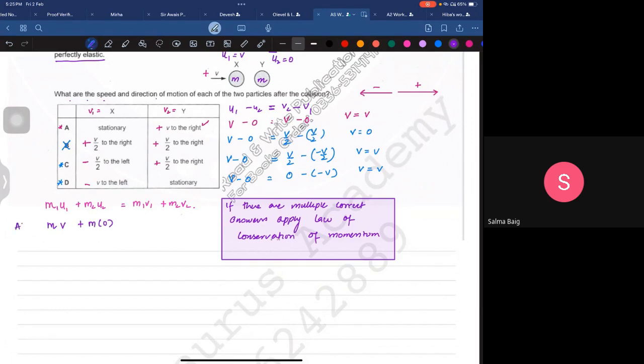I'm checking this for A. Then the next one is M, and the velocity was 0. And this one was M, velocity was plus V to the right. So what you get is mv equals mv. So momentum is conserved, which means probably this is my answer. Get it, kids?